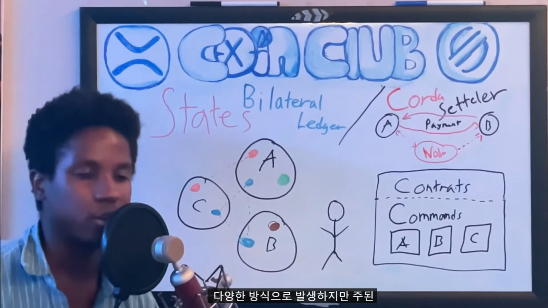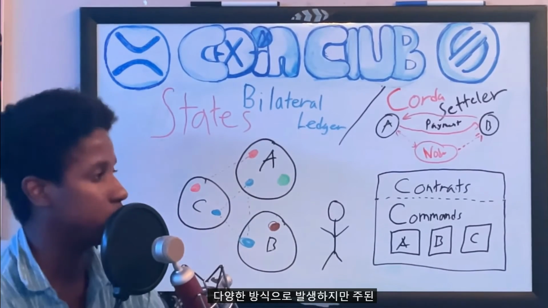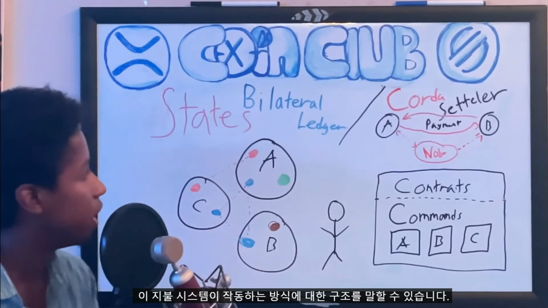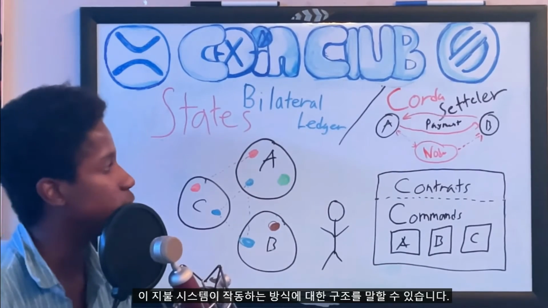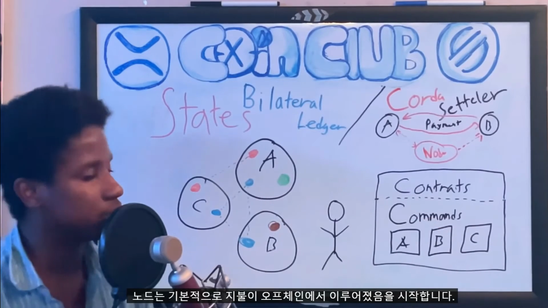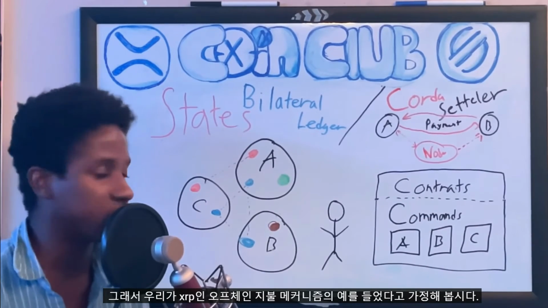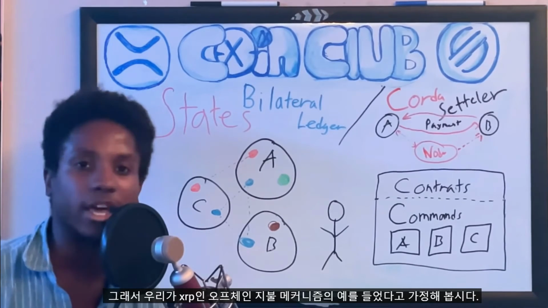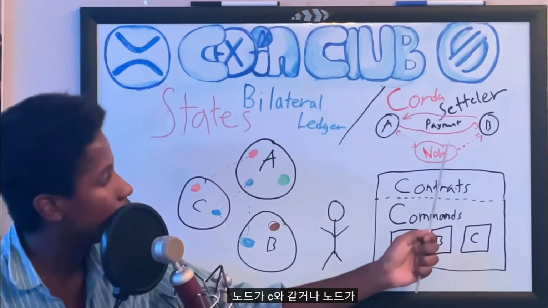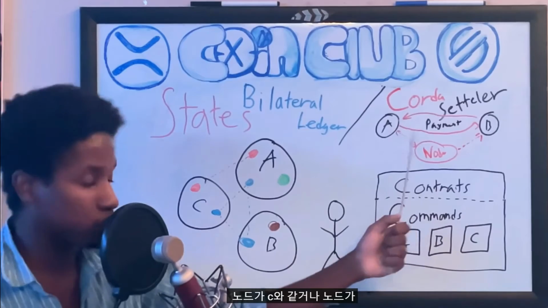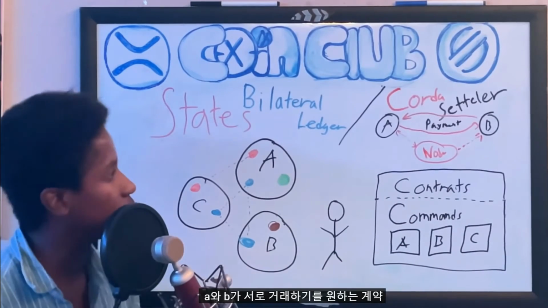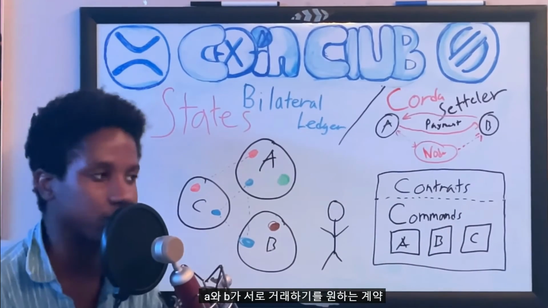This could occur in a multitude of different ways, but the main structure for how this payment system works is the node will essentially initiate that a payment has been made off-chain. So let's say we took an example of an off-chain payment mechanism being XRP. So let's say the node was able to engage in a contract where A and B wanted to transact with each other.